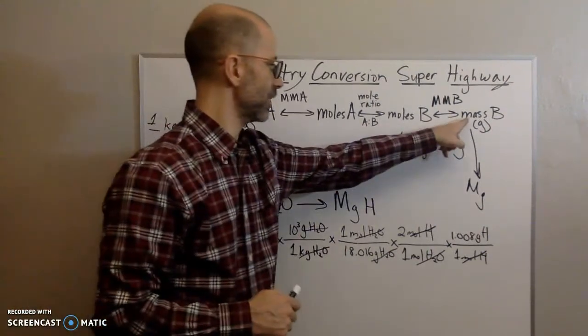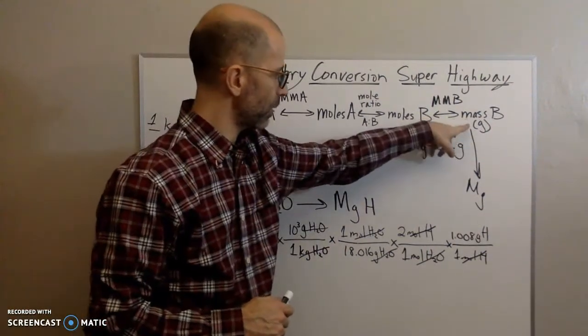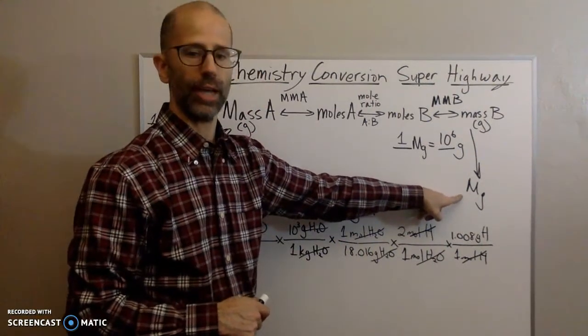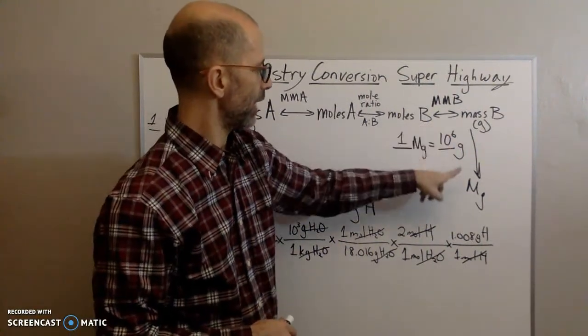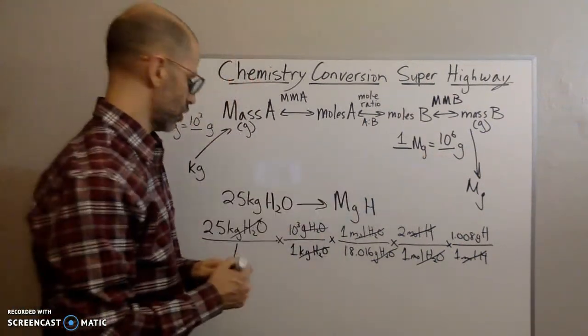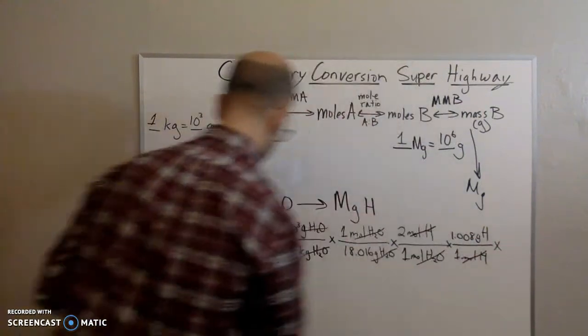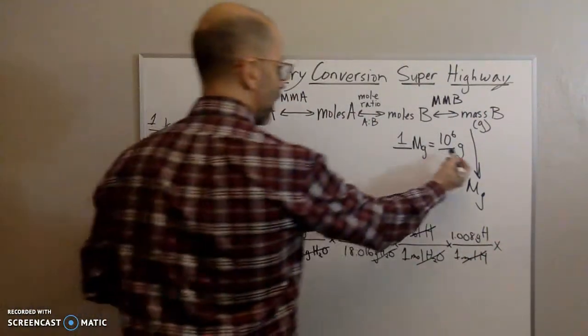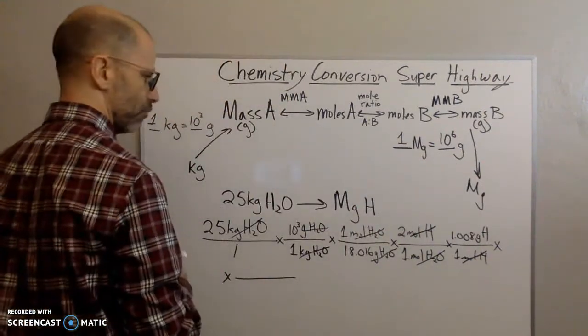Now I'm here at the end, so I have to get off of the main highway and get to my goal. My destination is off the highway, so to do that, I need to use one last conversion factor. I use my equality for my conversion factor.